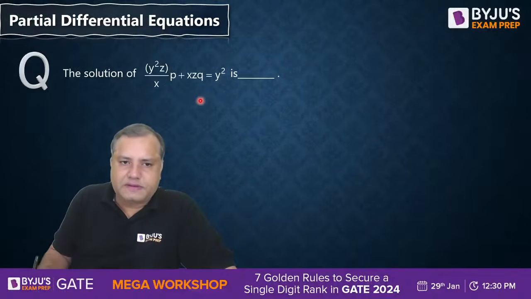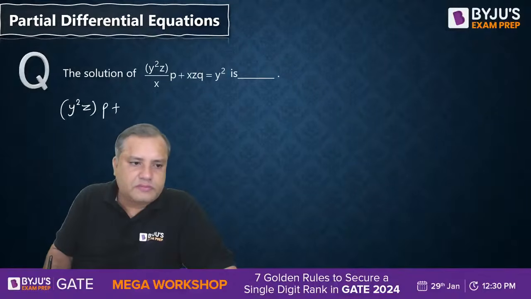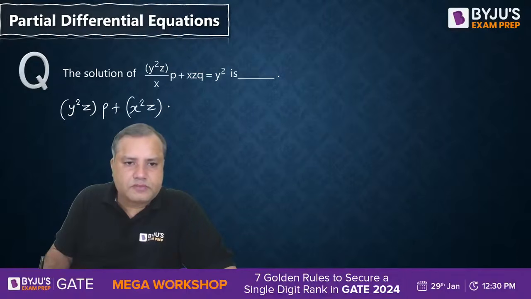So you will get what? y square z into p, then x square z into q, and on right hand side you have x y square.